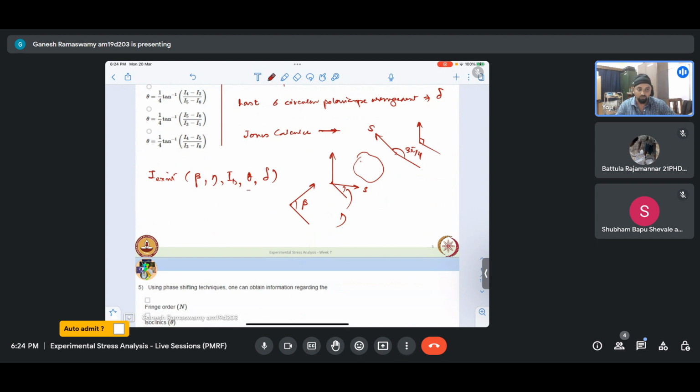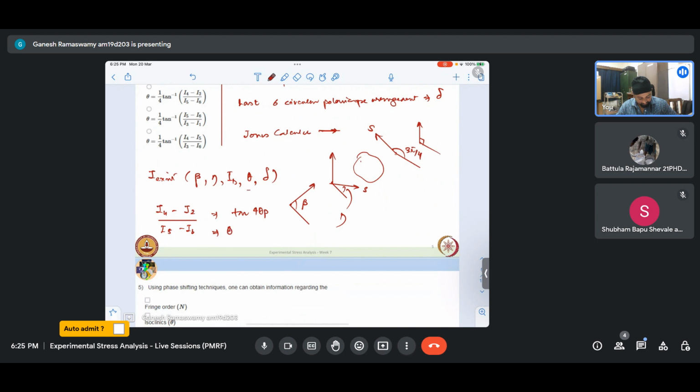Once we do that, when we take I4 minus I2 divided by I5 minus I6, essentially this gives us tan theta p, sin theta p by cos theta p. When we take tan inverse of that, it actually gives us 4 theta p if we work out the equations.